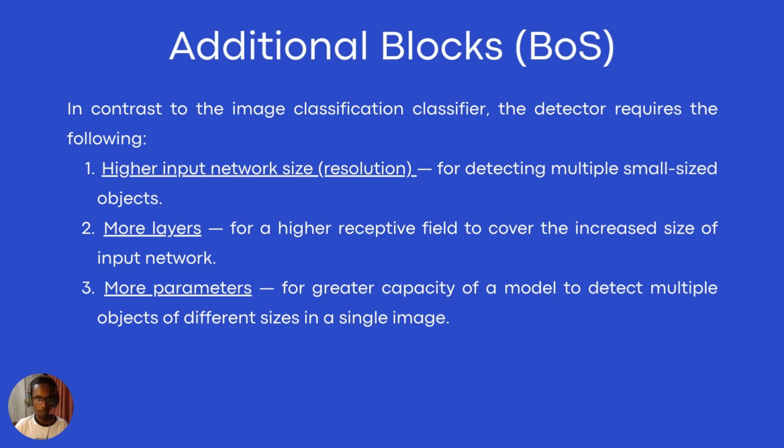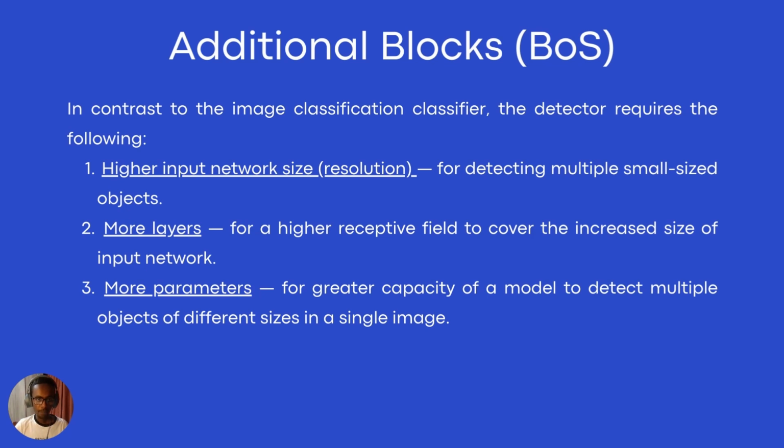So let's talk about the additional blocks first. In contrast to the image classification classifier, the detector requires the following. First, we need a higher input network size for detecting small-sized objects. We have already mentioned previously, if we want to detect very small objects, we need to train our network using a higher input network size.